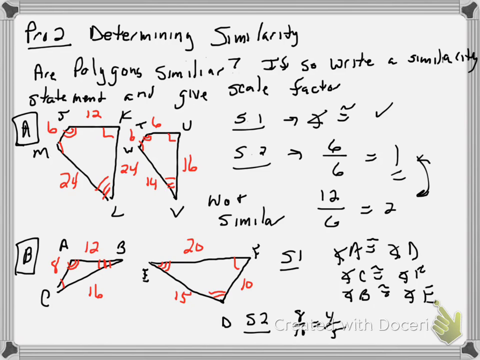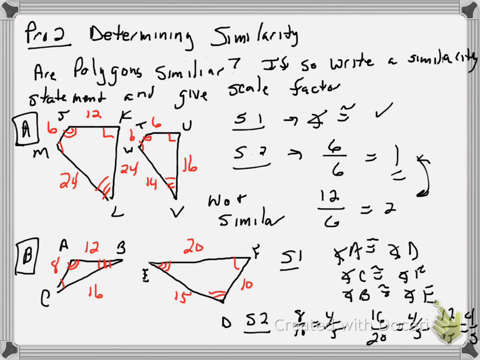Okay, let's go to C to B. That's 16 over F to E, which is 20. Punch in my calculator again, reduces to 4/5. Perfect. And then the last one is 12 on top over D to E, 15. And again, that also reduces to 4/5. So our scale factor is 4/5.